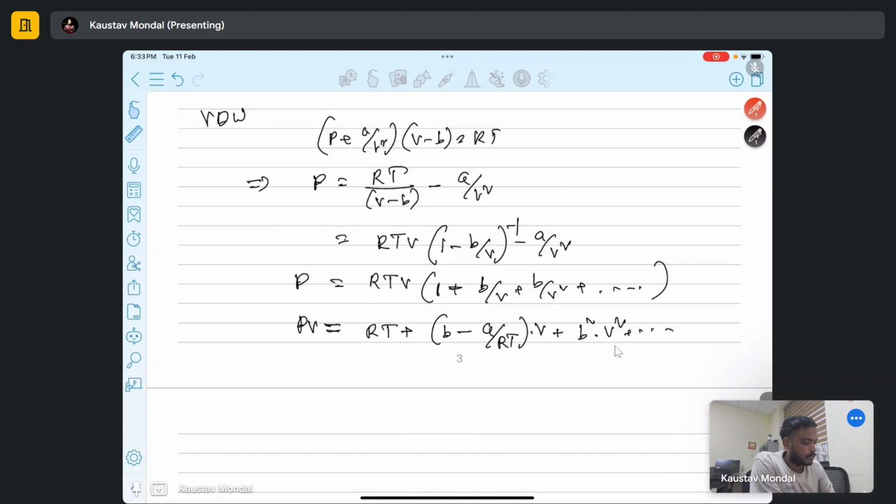So this RT by V is basically the first virial coefficient, this is the second virial coefficient.